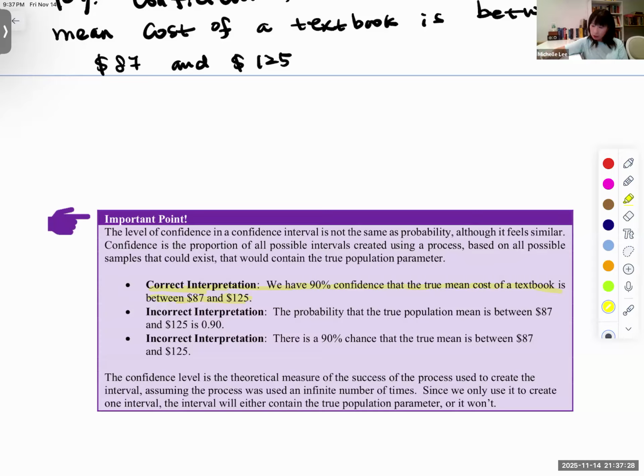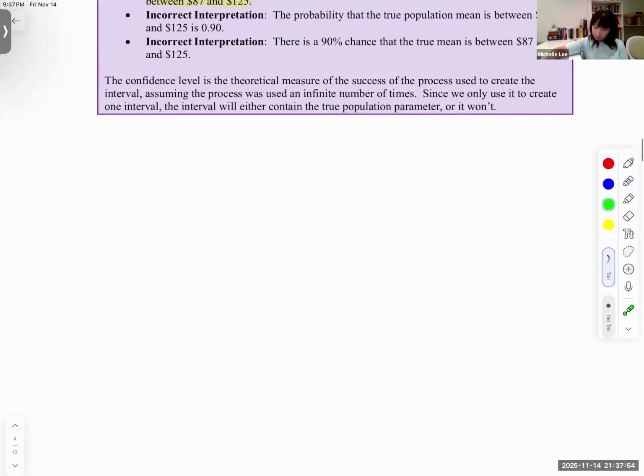The true mean is the population mean. We're not supposed to say probability, and since we don't say probability, we cannot say chance. Chance and probability are the same word, so don't use that. All right.